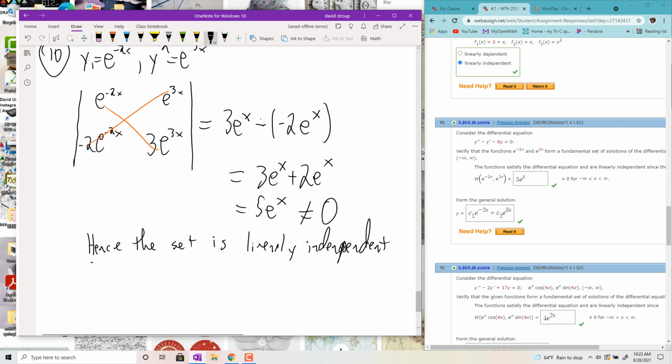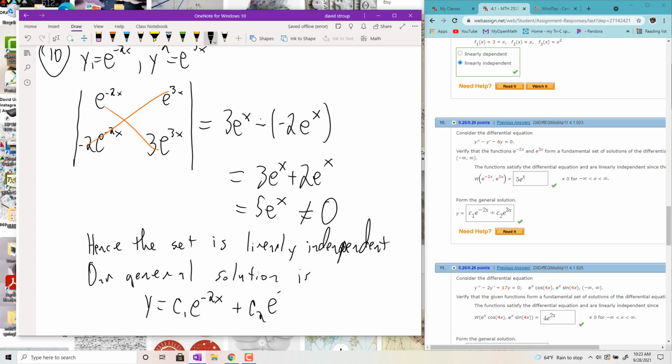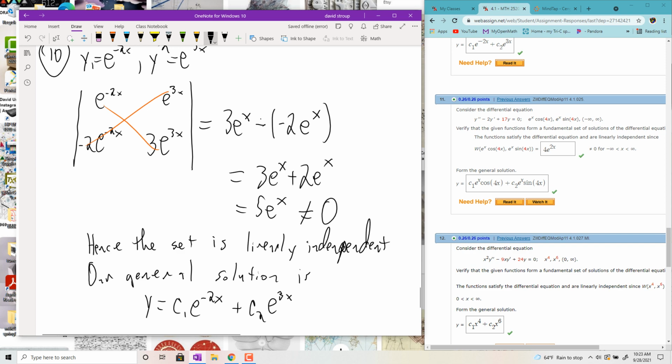Okay, so our general solution is then y equals, and you just take the two functions and slap some constants on them. c1e to the negative 2x plus c2e to the 3x. Okay.